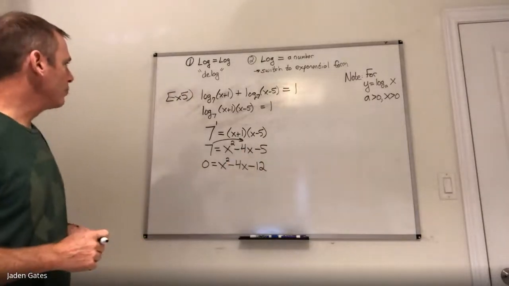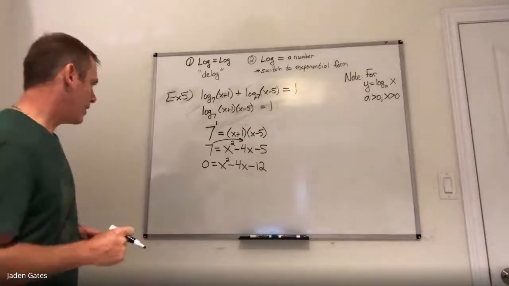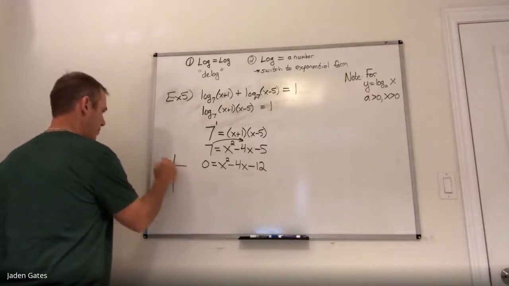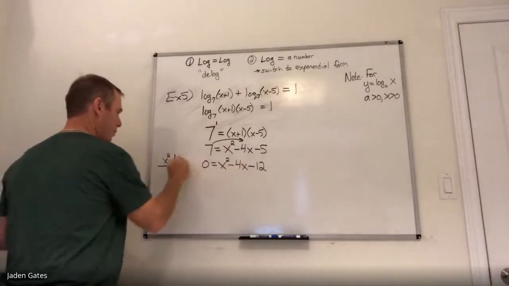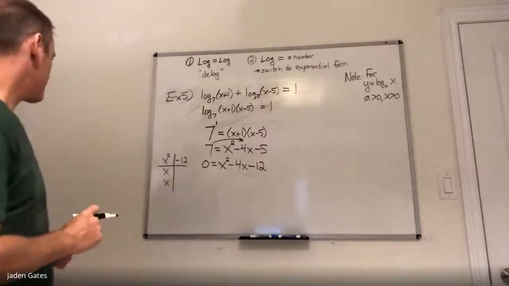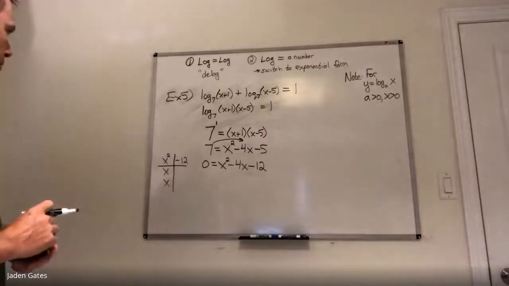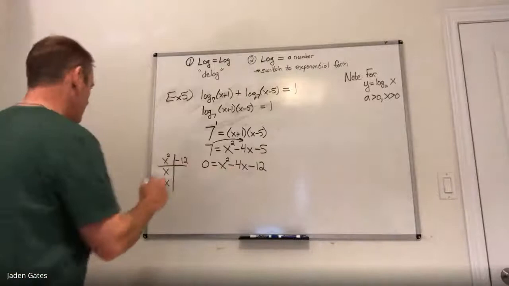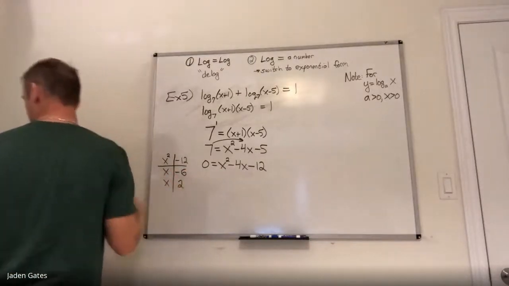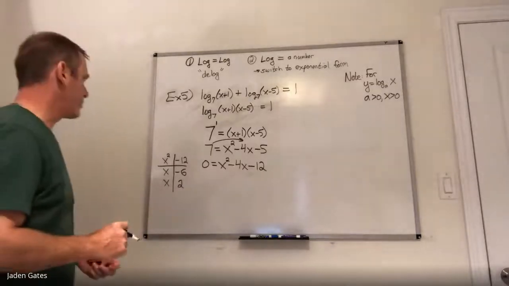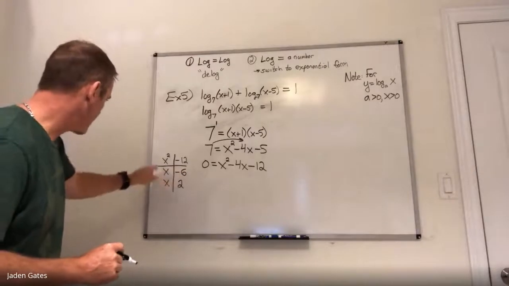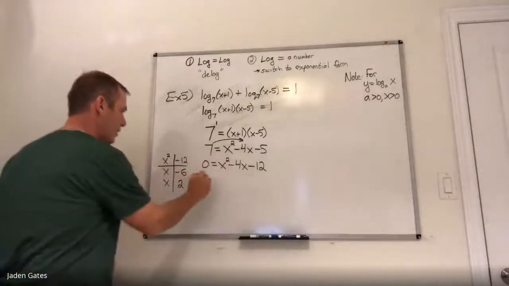All right, so I'm going to try to factor here. So I got x squared, negative 12. Two things that multiply to give me x squared are x and x. Two things that give me 12, I got a minus 4 there, right? So I'm going to say it's minus 6 and 2. Crisscross, minus 6x plus 2x, yeah, that's minus 4x.